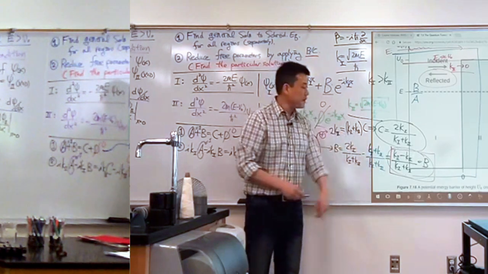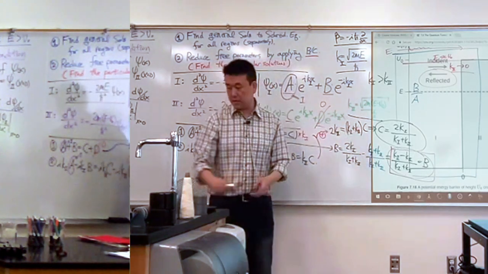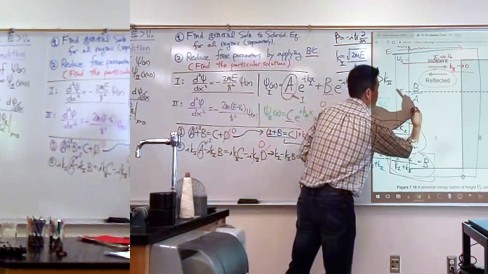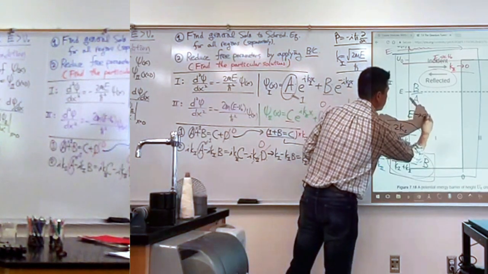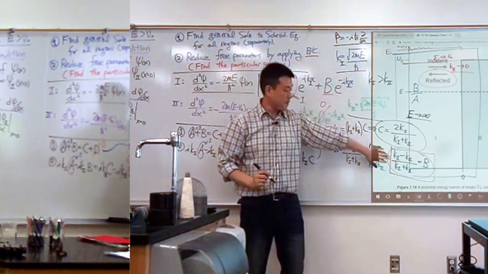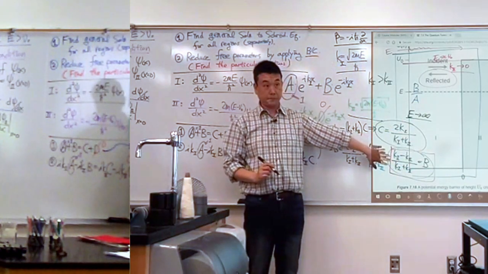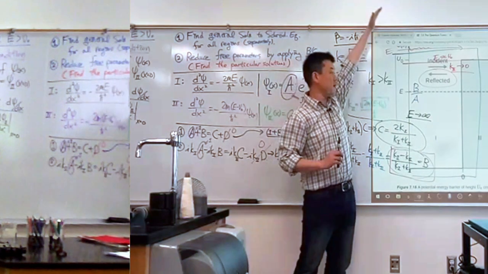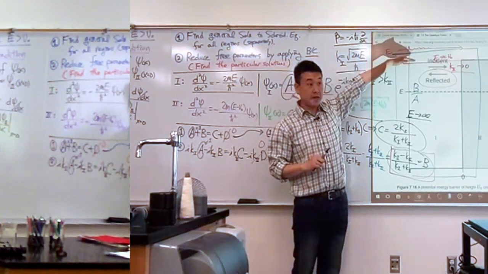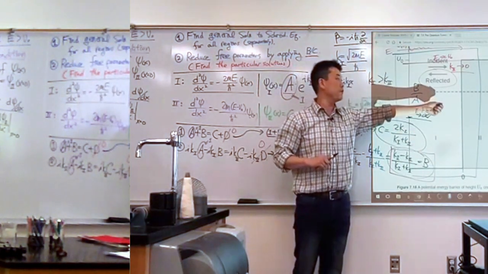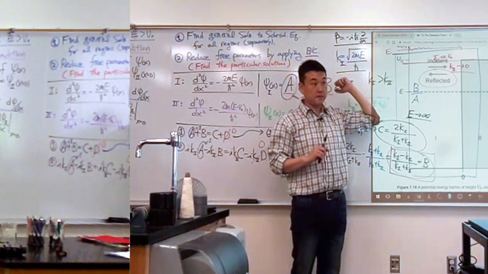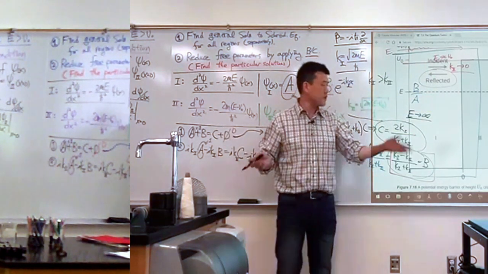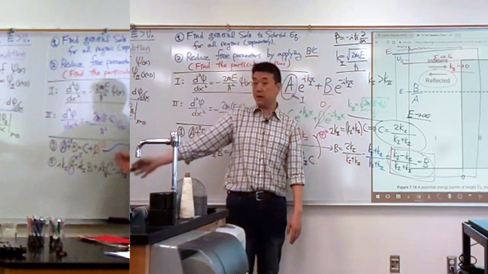So in the limit that energy goes to infinity, this number will go to 0. So we can say that if your incoming energy is much larger than the step size, then the probability of something being reflected approaches 0, which is what you would expect classically.